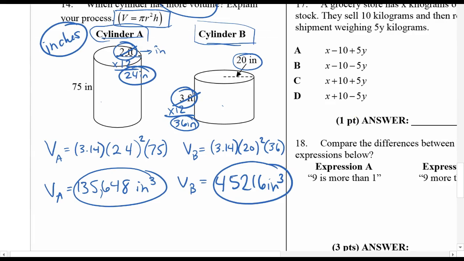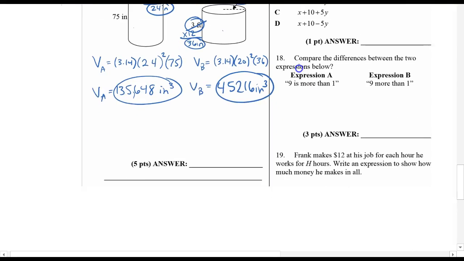Now we can obviously see which one's bigger. The 135,648 is much larger, so that means cylinder A is bigger. So we'll explain our answer.